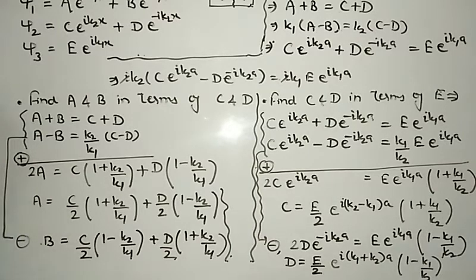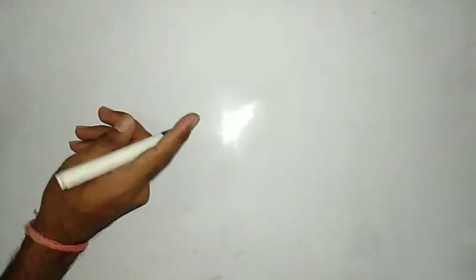So this is what we have found: c and d in terms of e. Now this c and d in terms of e will be put here so that we can find the relation between a and d and b and d. Okay, now putting the value of c and d in equation A so that we can find the relation between a and d.